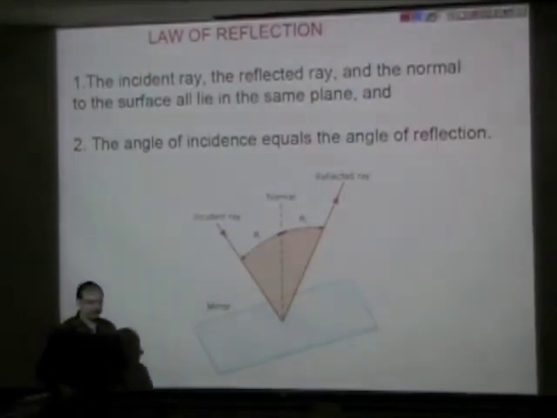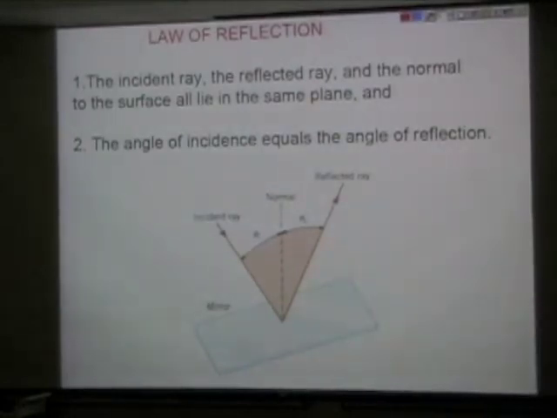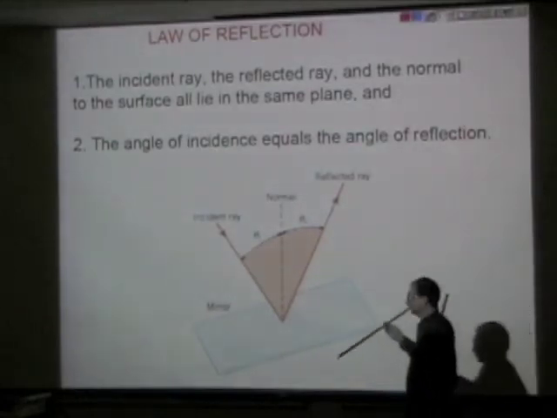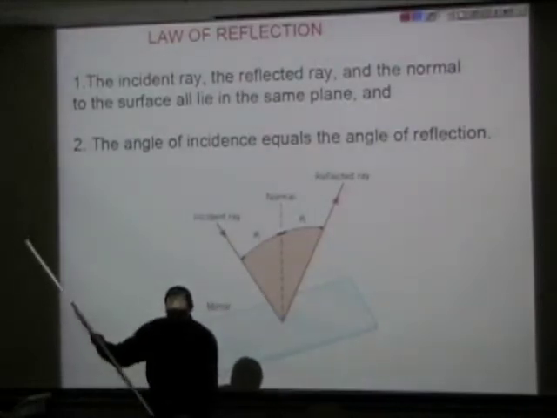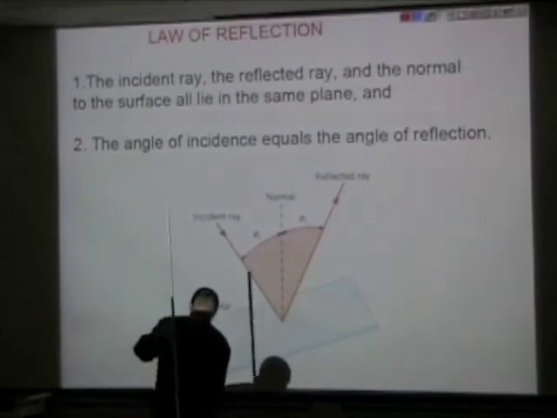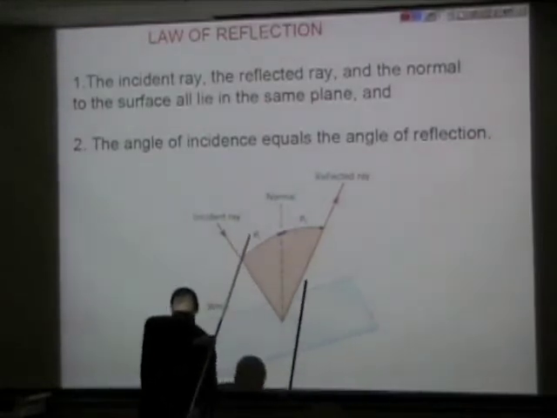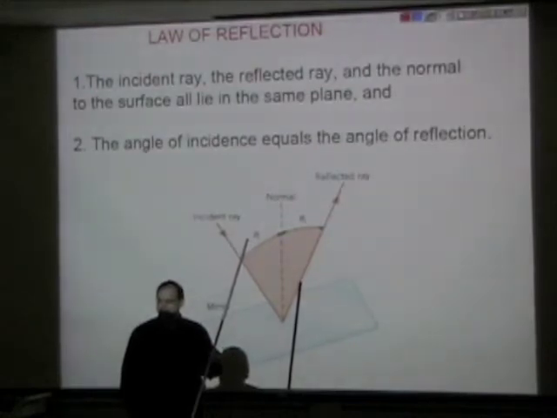For example, let's say this is an incident ray, and this is a mirror. So incident ray, normal, that's the angle, 30 degrees. And after the reflection, can this rod represent the reflected ray?